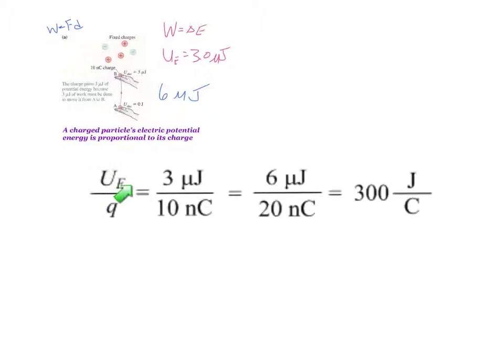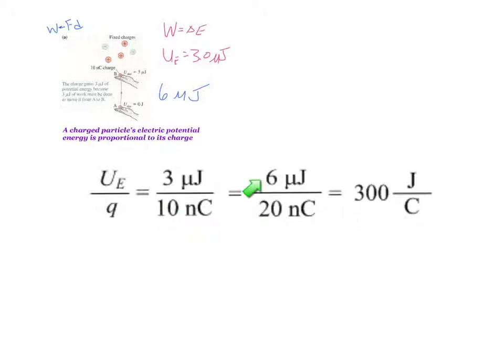So the ratio of potential energy to the charge for our first charge, 3 microjoules to 10 nanocoulombs, is 300 joules per coulomb. So what's happened here is this micro is 3 times 10 to the negative 6, nano is 10 times 10 to the negative 9. So if you were to take 3 times 10 to the negative 6, divide it by 10 times 10 to the negative 9, you're going to get 300.